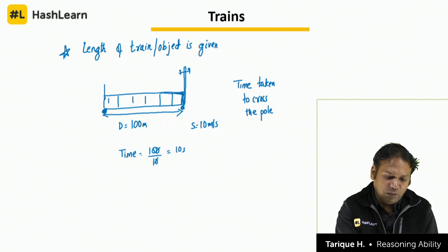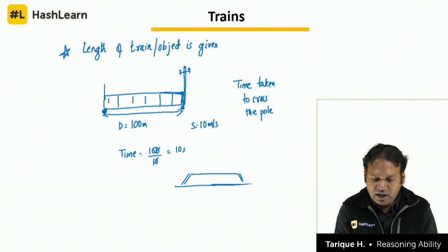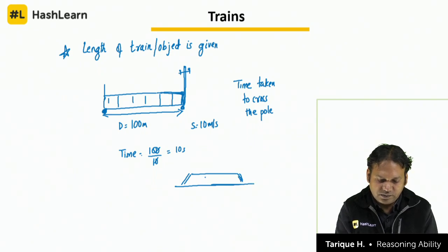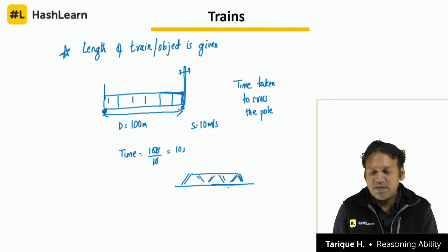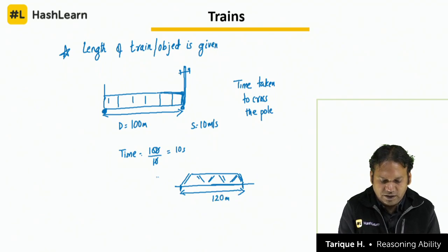Now, in this case, the pole has no length, but what if there is a railway bridge? Let us say there is a railway bridge and a train has to cross this bridge. I am making a rough drawing, pardon my drawing. This is a railway bridge. The bridge has its own length also. The bridge starts from here and ends here. Let us say the bridge is 120 meters long, and there is a train that has to cross the bridge.